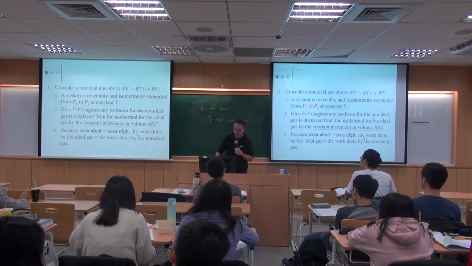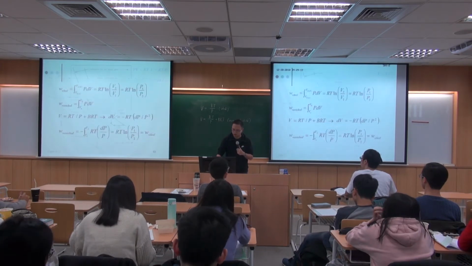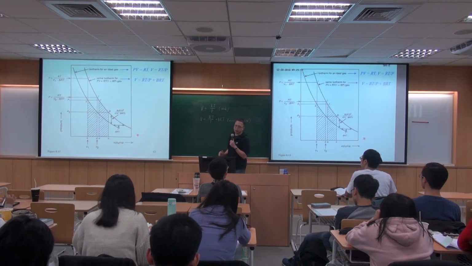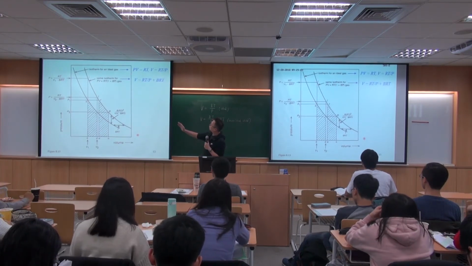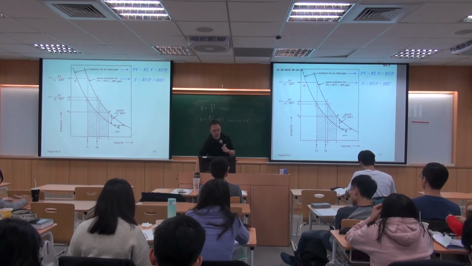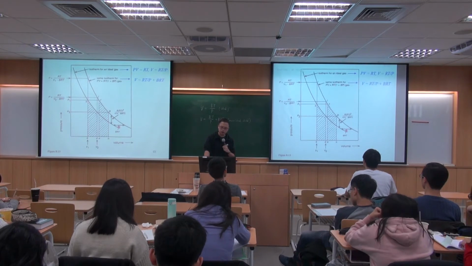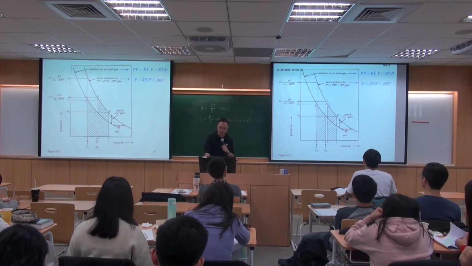If you look at the PV plot, the one on the left-hand side is the original ideal gas isotherm.